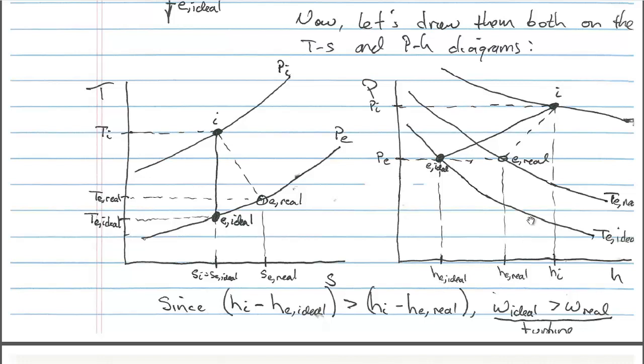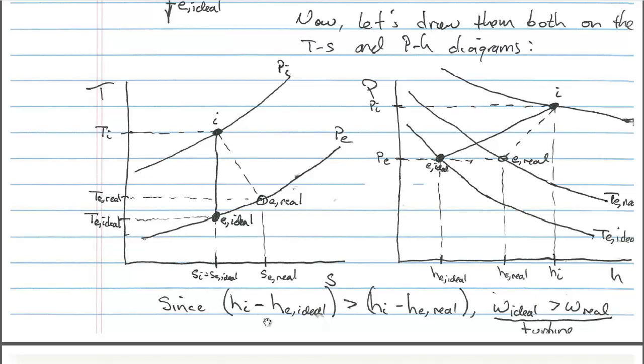So now our pH diagram is showing us the work transfer associated with the real turbine. That's the difference between HI and HE real. And it shows us the work transfer that's associated with the ideal process, the ideal turbine. That's HI minus HE ideal. And now we can see how the ideal turbine gives us maximum work.